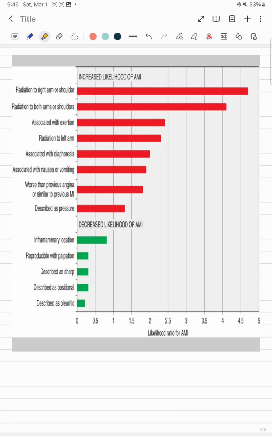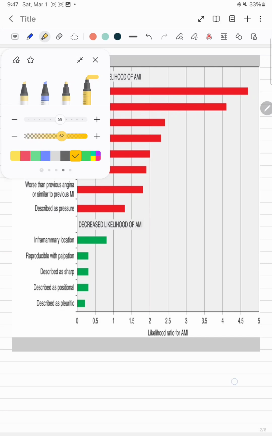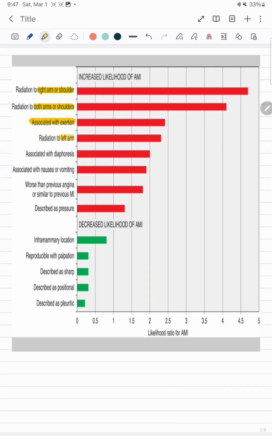The likelihood of acute myocardial infarction increases with typical features, like pain radiating to the right arm or shoulder, pain radiating to both arms or shoulders, associated with exertion, radiating to the left arm, associated with diaphoresis, nausea and vomiting, worse than previous angina or similar to previous MI, and described as pressure.